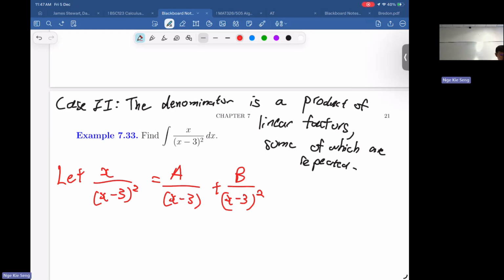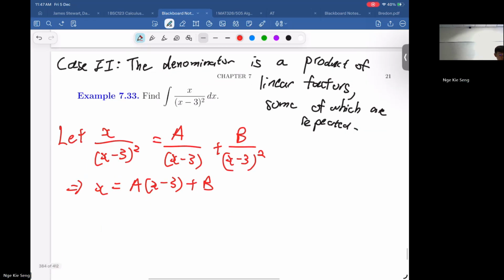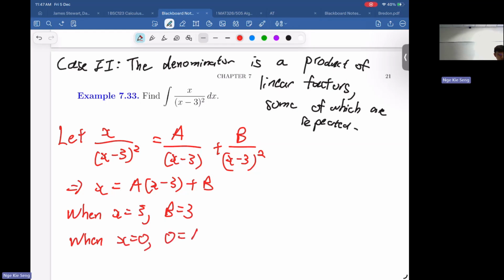So if you set this up, then you will try and compute A and B again, and you will find that A and B will be non-trivial. For example, when x equals 3, B is 3, and then when x equals 0, you will get 0 equals A minus 3 plus 3, so A is 1.